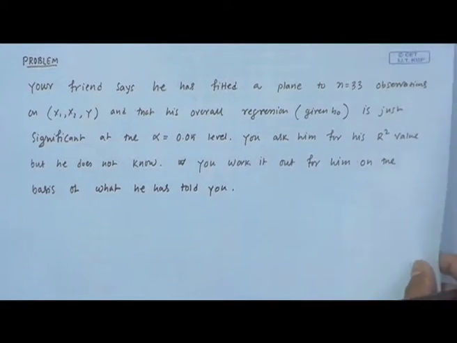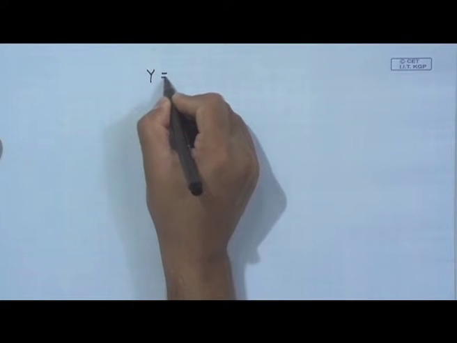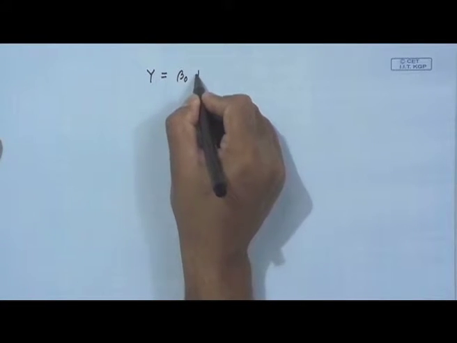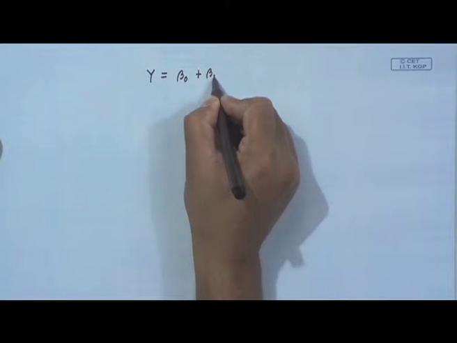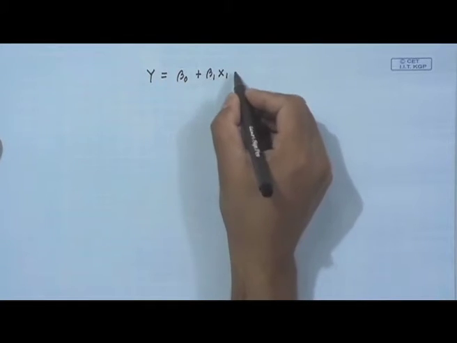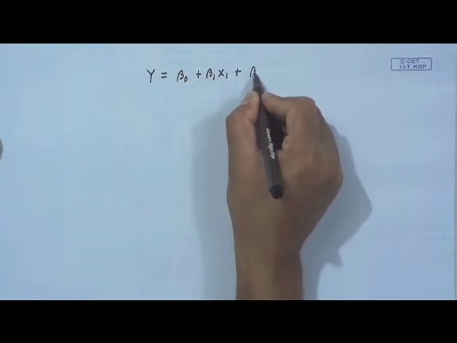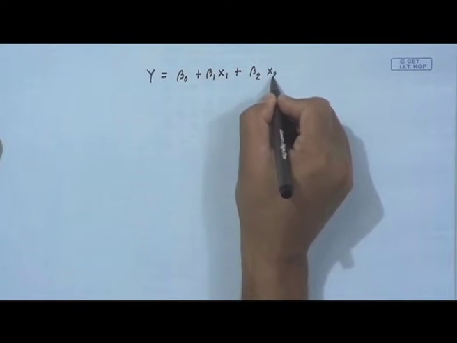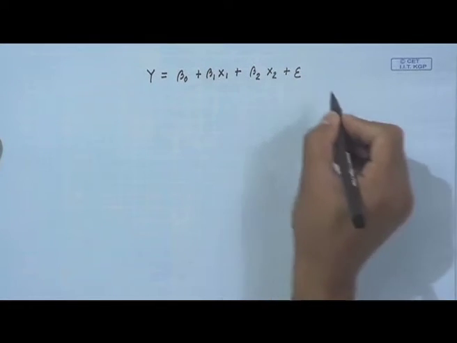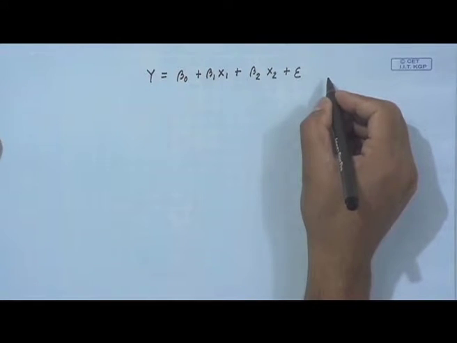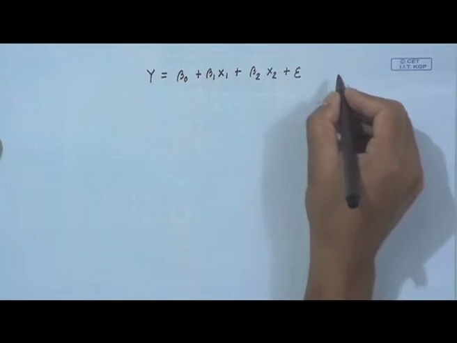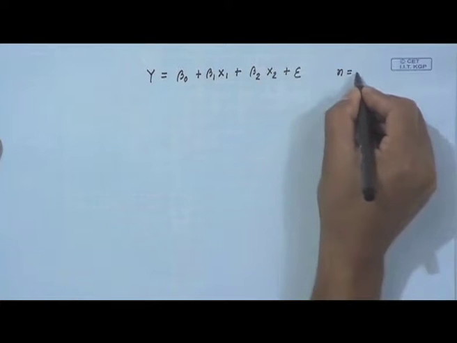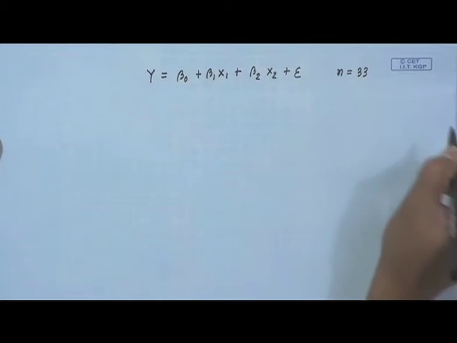Now, you have to work out this R square value from whatever he has told to you. So what you know is that your friend has fitted a model like this, y equal to beta naught plus beta 1 x 1 plus beta 2 x 2 plus epsilon, and this model has been fitted for n equal to 33 observations.